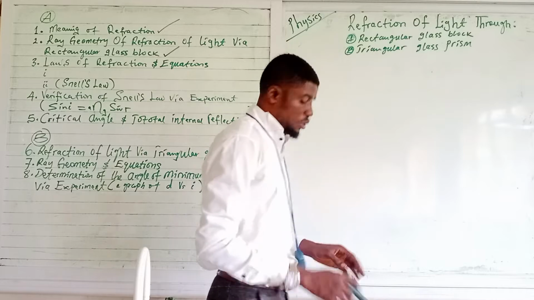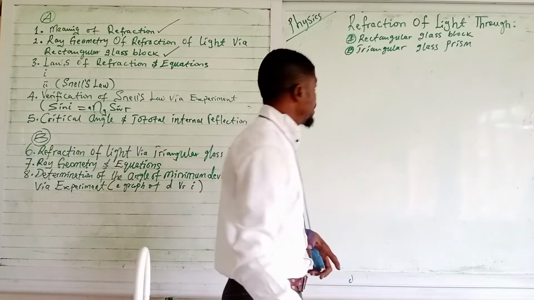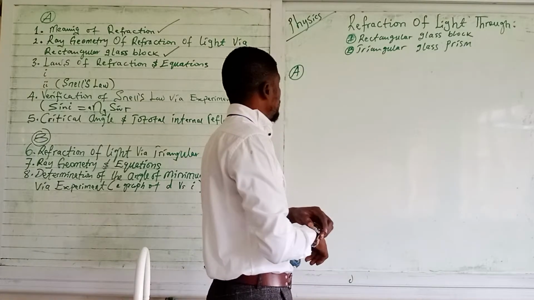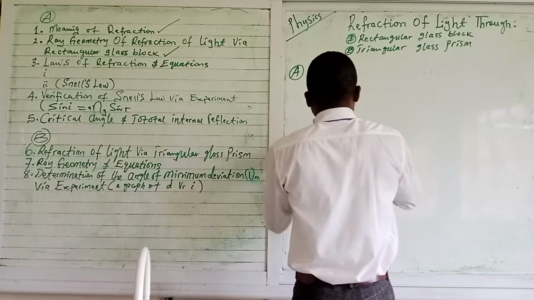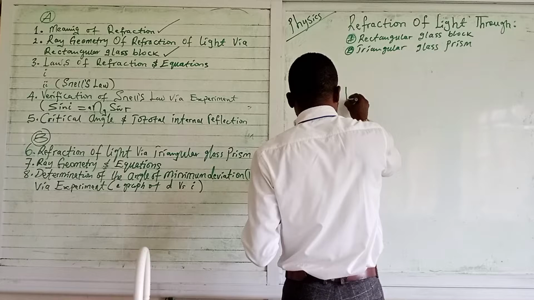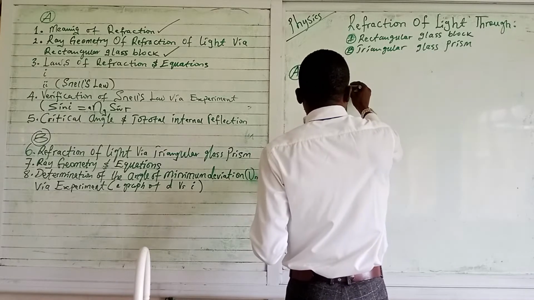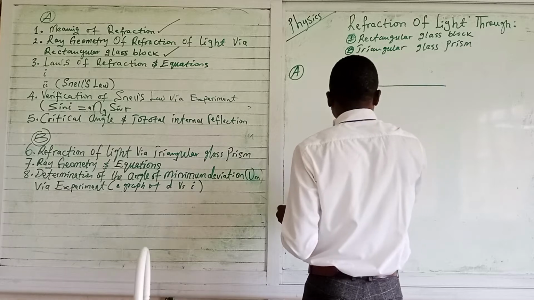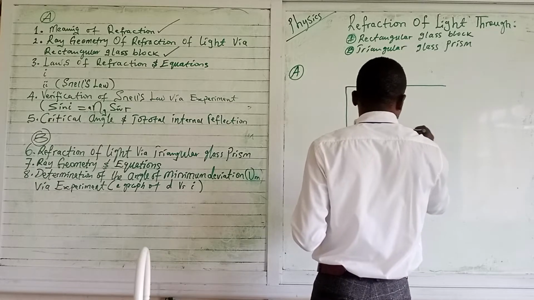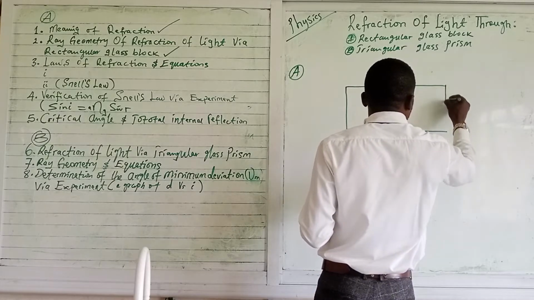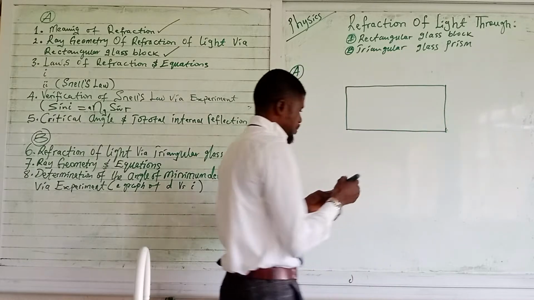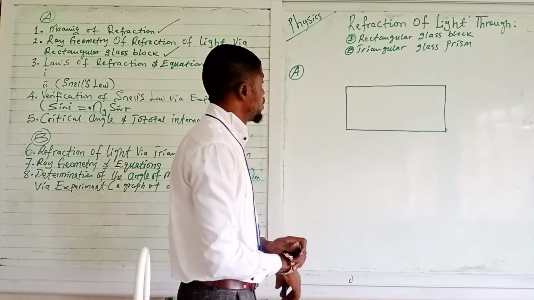So I want to draw the geometry of this glass, and then tell you what is obtainable. So let's suppose that this is a rectangular glass block. The drawing is not proper, but you can do it more appropriately in your book.